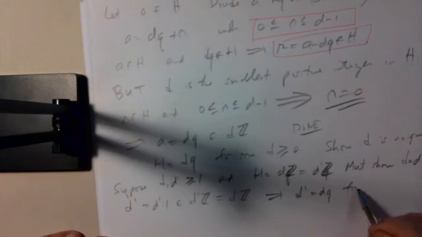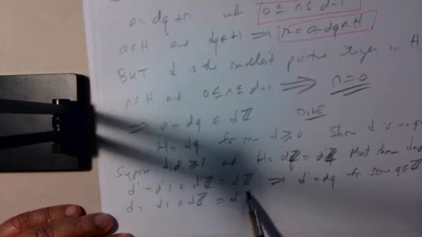So that's an element of D prime Z, which is the same as the set DZ, which means D prime is a multiple of D. So D prime equals DQ for some integer Q.